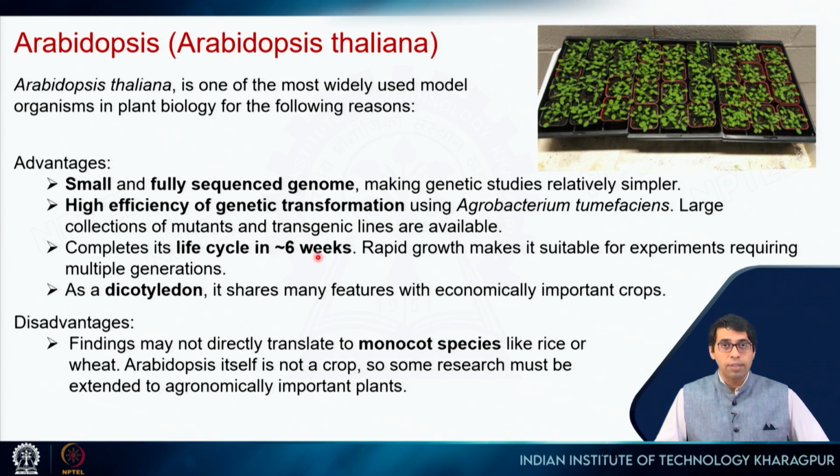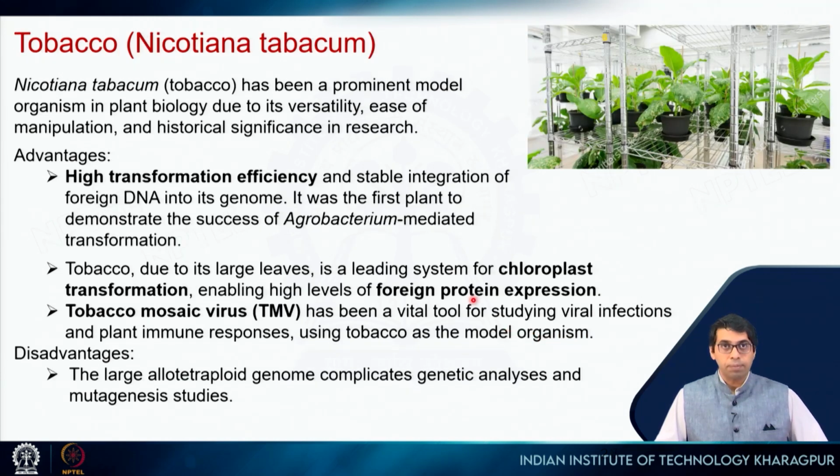Its complete life cycle is 6 weeks, which makes it a rapidly growing plant, which is very useful for experimentation. It is a dicotyledon, so it is a dicot, which means that it shares many features with economically important crops. However, findings in this dicot plant may not directly translate to monocot species like rice or wheat, which means that for studying rice or wheat, we have to use model plants from this particular species.